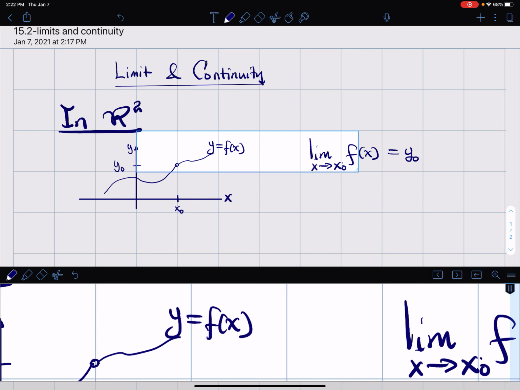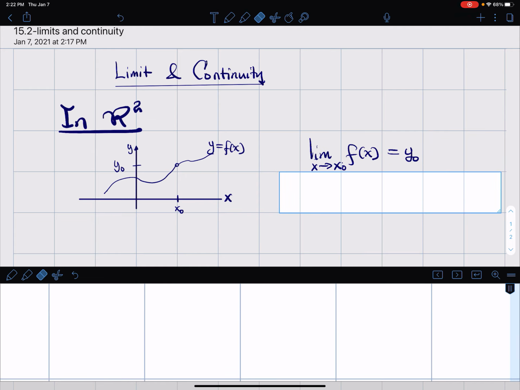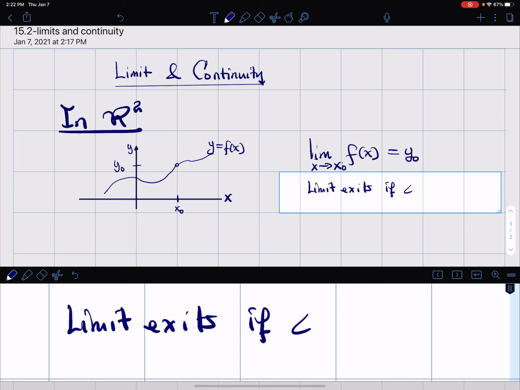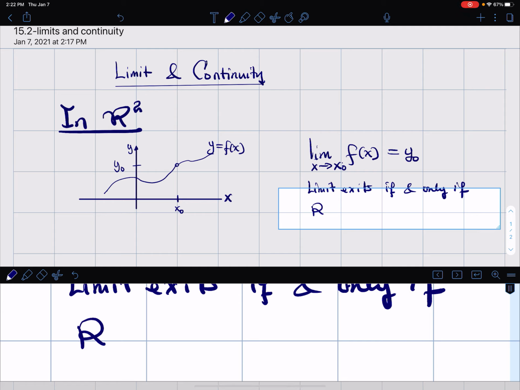If and only if this limit exists, so limit exists if and only if limit from the left, right hand limit, limit from the left is equal to limit from the right, left hand limit.